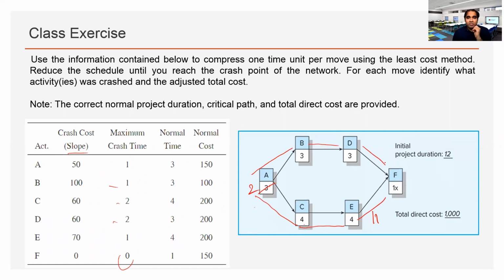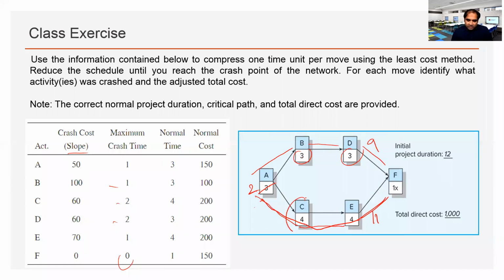How many days do we have here in both the chains? Chain 1, we have 2, 5, 5, 8, 9. This is 9 days. This is 11 days. Okay. So that means we need to focus on this chain to reduce the project duration.